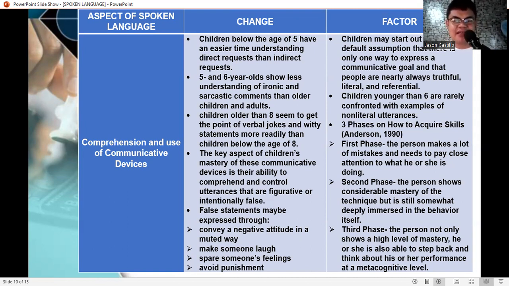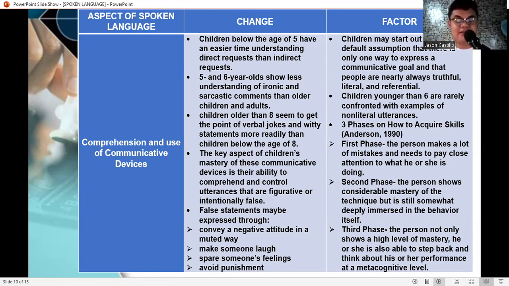The second phase is the person shows considerable mastery of the technique. Of course, when you commit mistakes, you will keep on practicing, and little by little, you will be able to have mastery. But it is somewhat deeply immersed in the behavior itself.